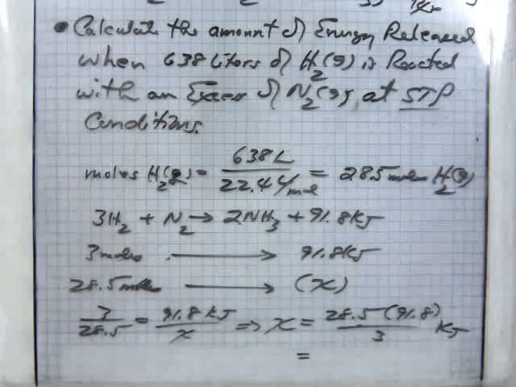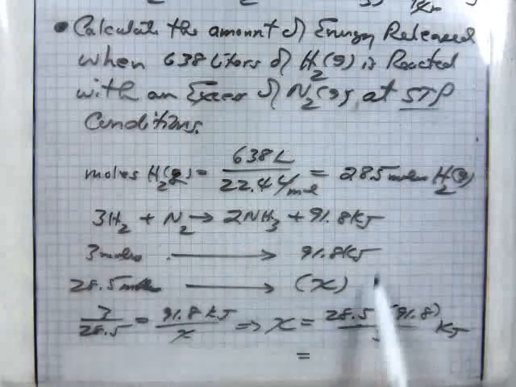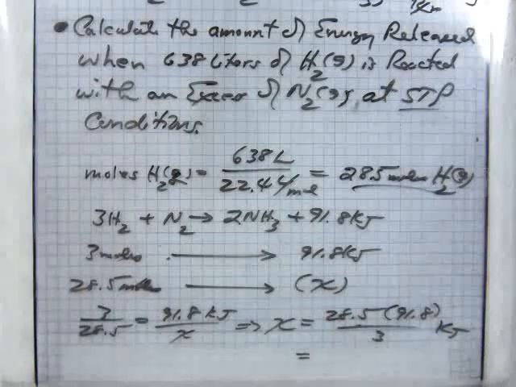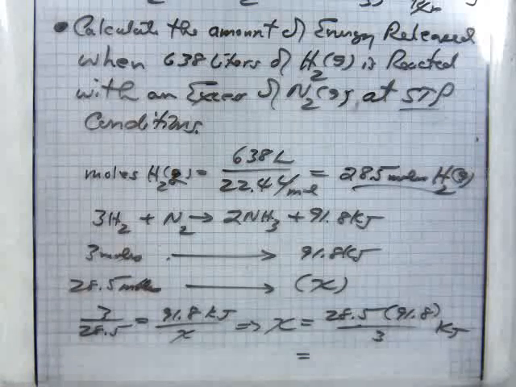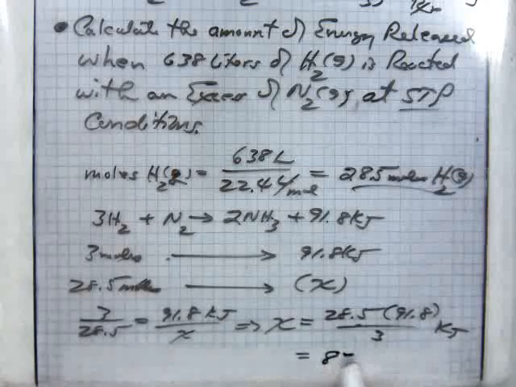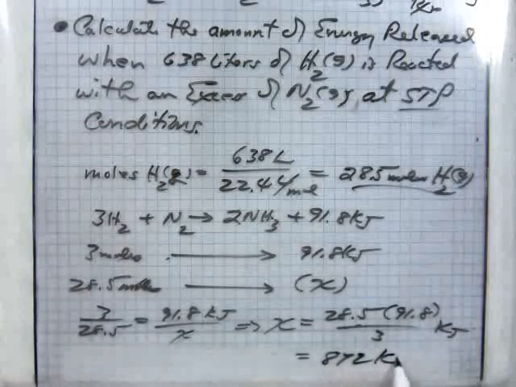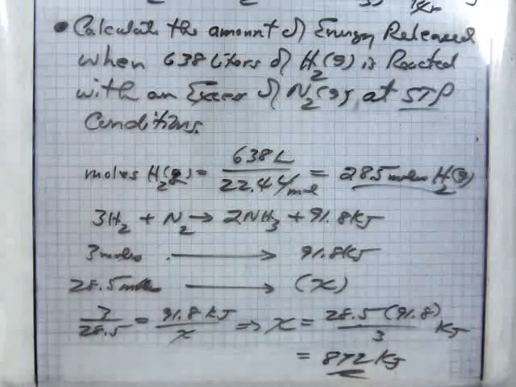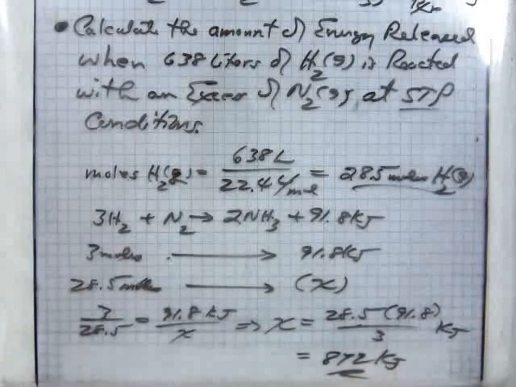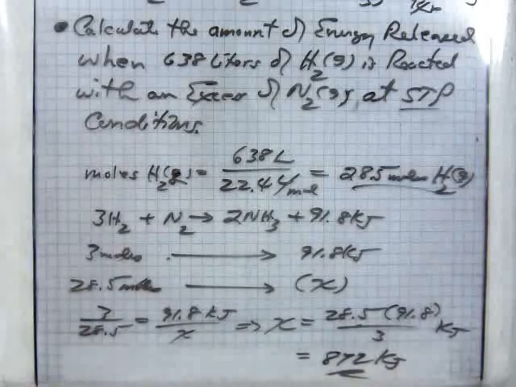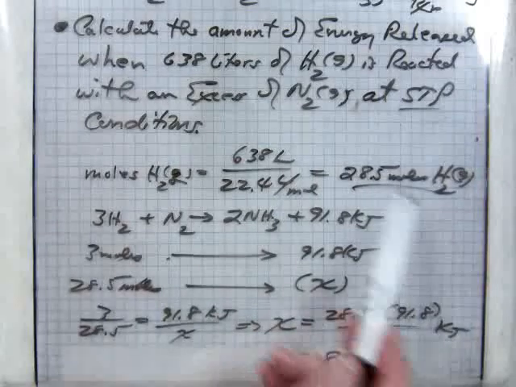And so it's really a simple proportionality issue in that you just relate it to the equation, and of course the limiting reagent is related to the energy value. So that looks like 872 kilojoules. So that's the basic type of problem, and it's nothing more than you've already been doing. You're just applying the results to the idea of energy numbers.